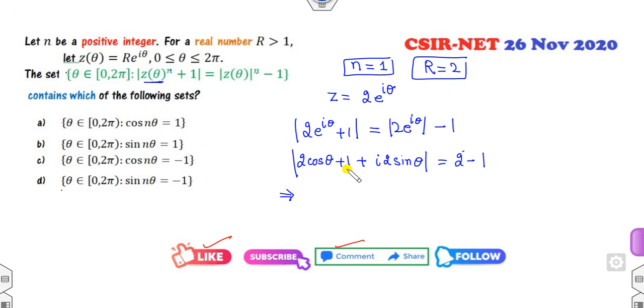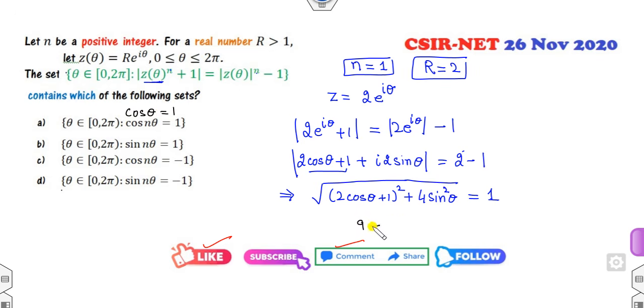Okay, so it's a real component, it's an imaginary component. So this number will be the square root of 2 cos theta plus 1 plus 4 sine square theta, which is equal to 1. Now look at the option. Because I have taken n as 1, cos theta is 1. So if cos theta is 1, it's 9. But if cos theta is 1, then what is the sine theta?